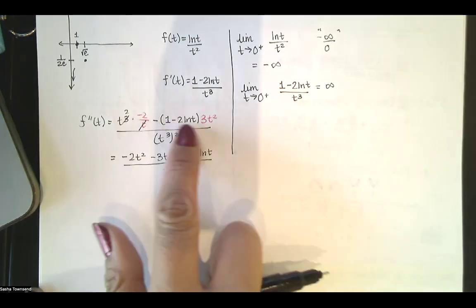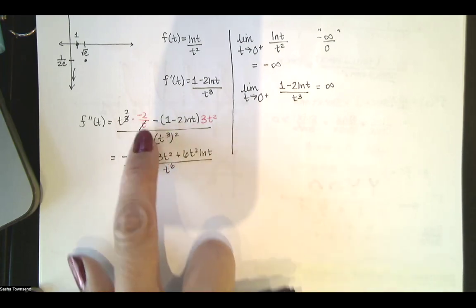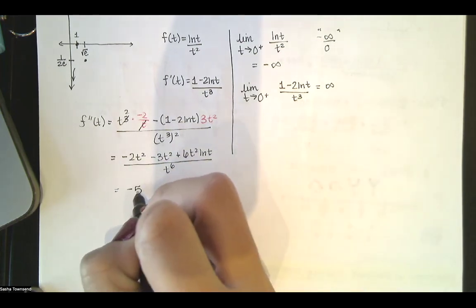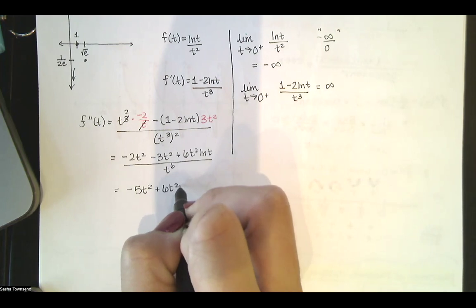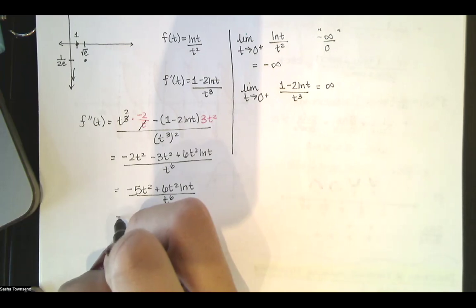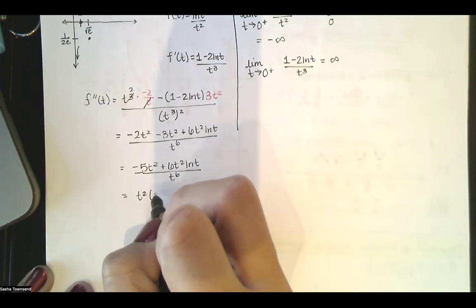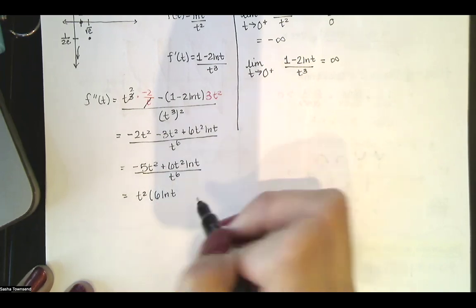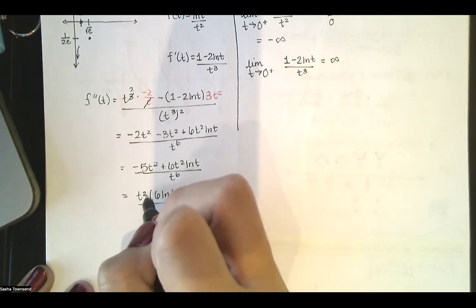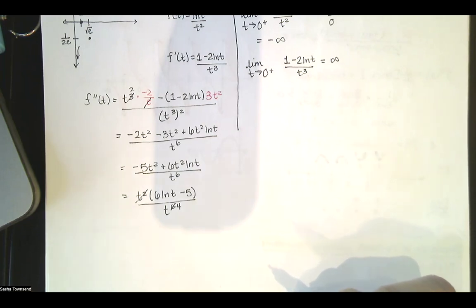And then because of the signs here, we'll have a -2t squared minus 3t squared is -5t squared plus 6t squared natural log of t divided by t to the 6. And we have a t squared in common in that numerator, so we can factor it out. So t squared times 6 natural log of t is that term, minus 5 from that term, all divided by t to the 6th. Two of the t's reduce, and we've got a t to the 4th in that denominator.